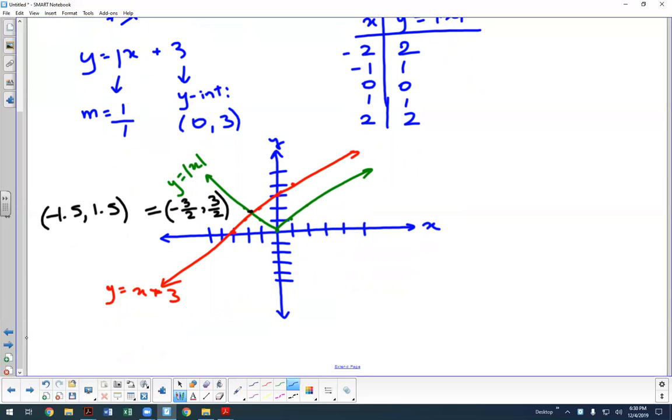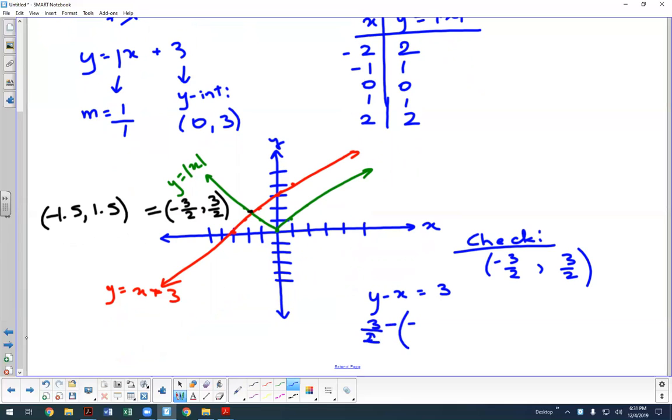So let's do a quick check here. With our first equation, y minus x equals 3. So that will be y, which is positive 3/2, minus x, which is negative 3/2.